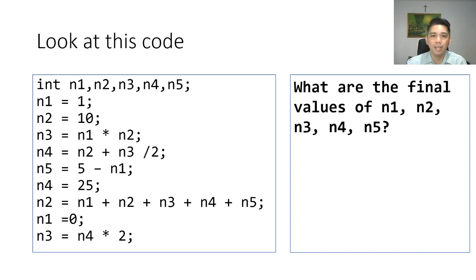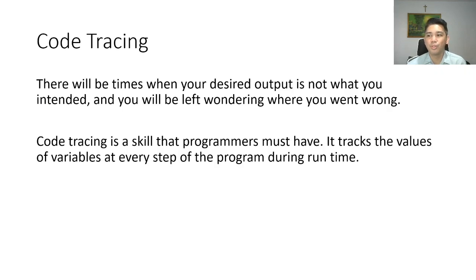So what I will provide is a technique to track the different changes of a variable in every line. Code tracing is a skill that every programmer must have because sometimes when you run your code, it does not work like you intend to, or the actual output is very different from what you have imagined.